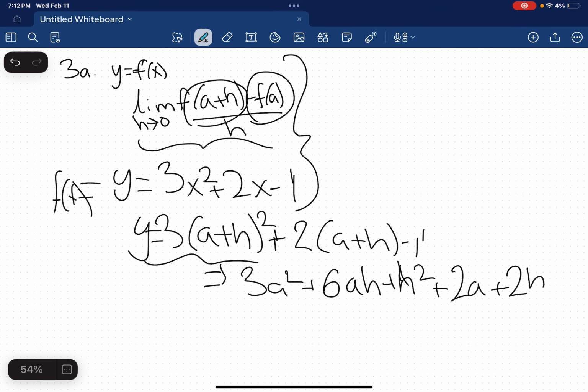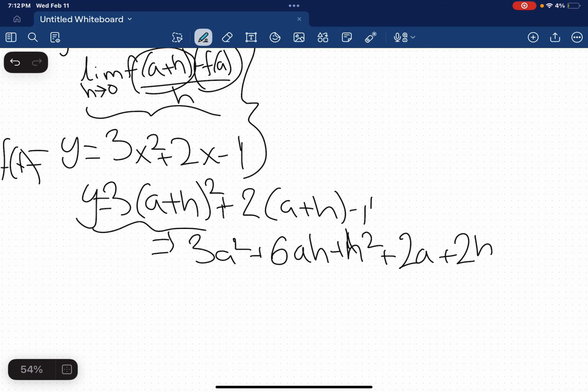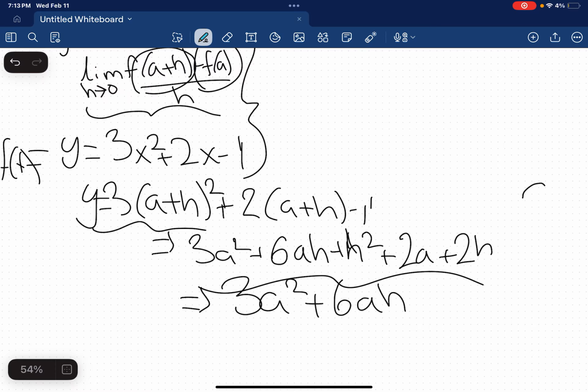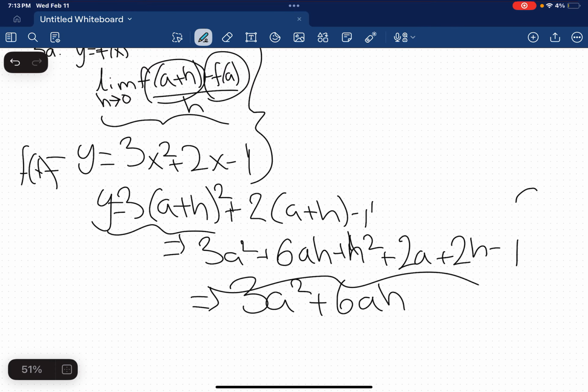That's just going to be literally when we plug a into it like that. We need to find what that is, and that's going to be 3a squared. Where did I mess up? Nowhere yet. Okay. Plus 6ah. Well, that's what it is. I can't simplify it any further. Minus 1. Almost forgot about that.